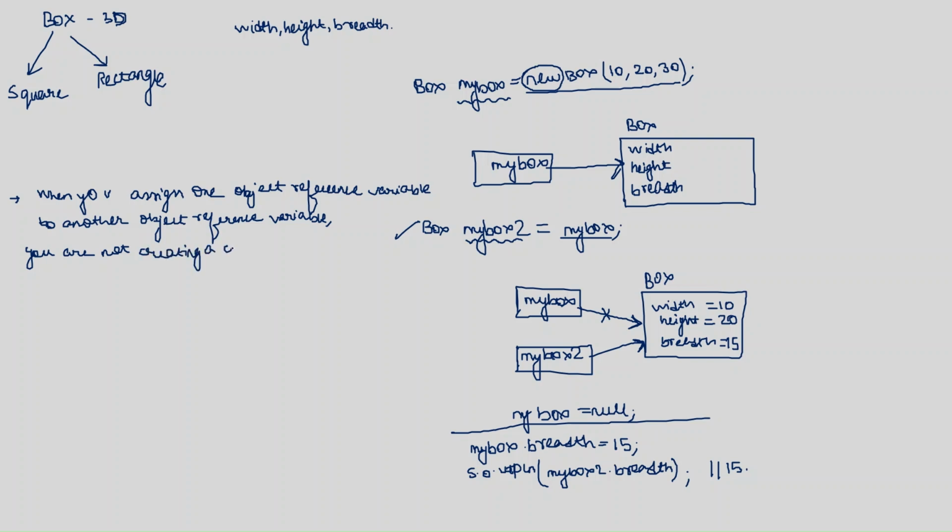So basically, you're not creating a copy of the object. You are making a copy of the reference. This reference is also the memory address that we were talking about, the memory location of the instance on the heap memory.